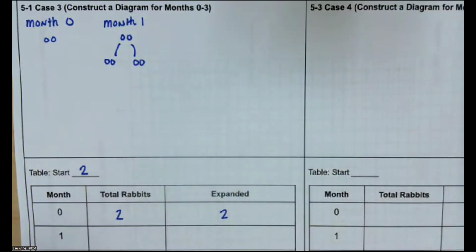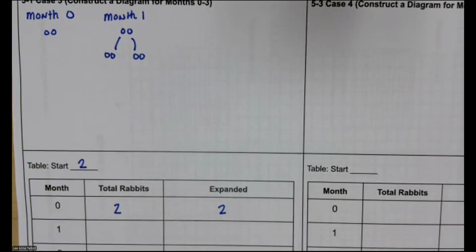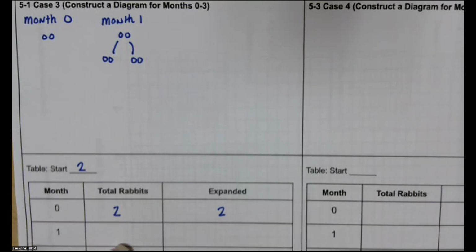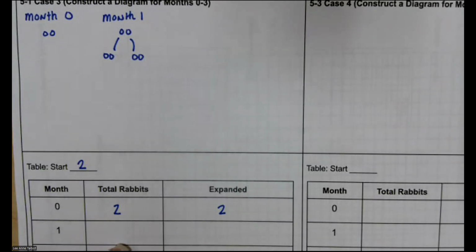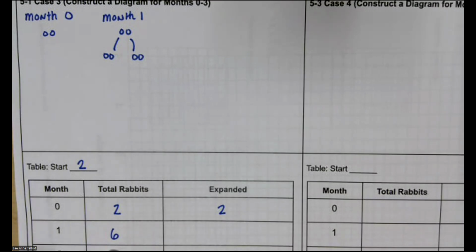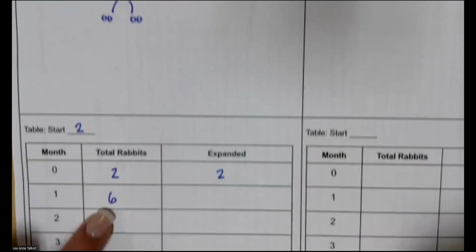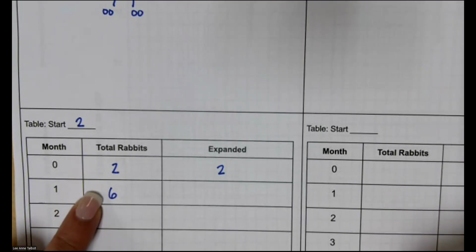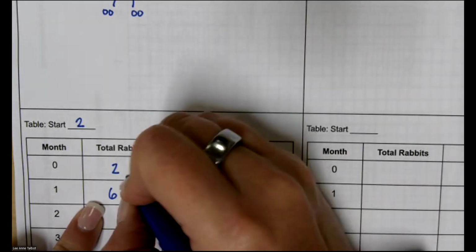And instead of having 2 bunnies, they have 4. Okay. Now this is the crux of the question right here. How many total rabbits are there in month 1? 6. So what is the multiplier? What do you multiply 2 by to get 6? 3.